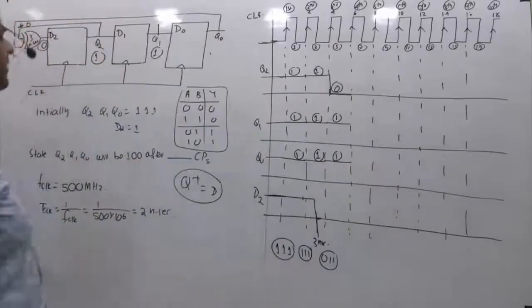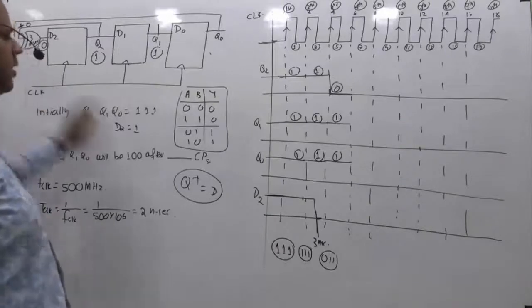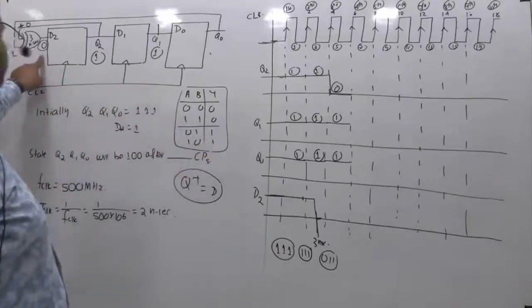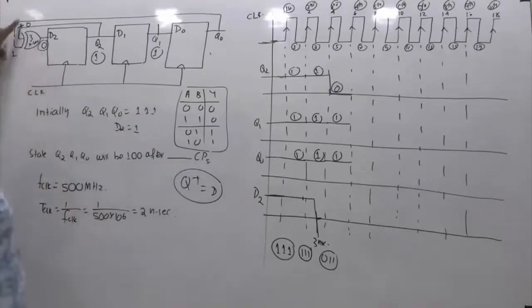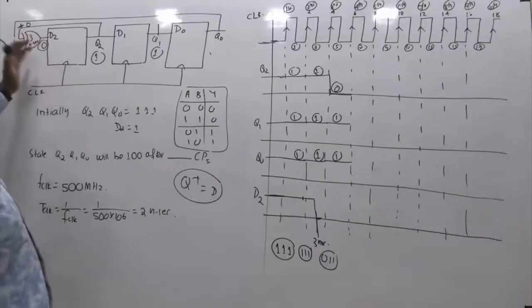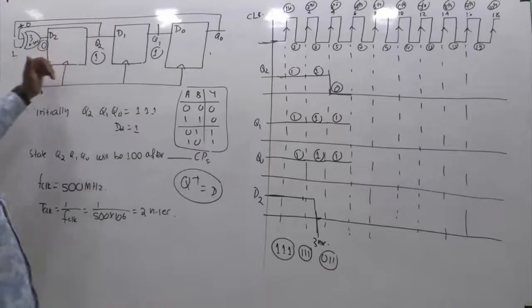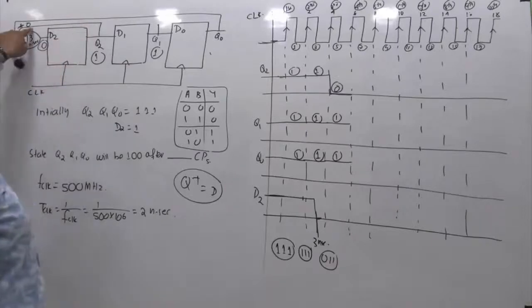Now the point is, in an XOR gate, if one of the inputs is 1 and the other input is 0, the output will be 1. So now the output was 0, and the input has changed to 1, 0. With respect to 1, 0, its output will be 1. But it won't happen immediately, it will happen after a delay of 3 nanoseconds. At what time did Q2 change to 0?